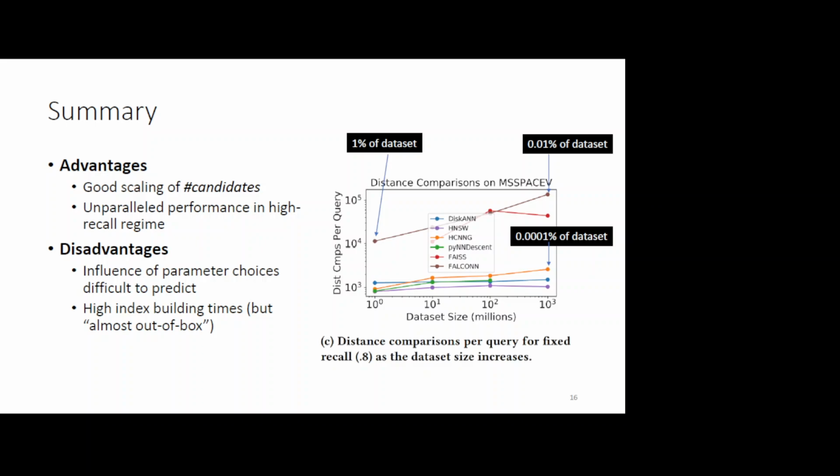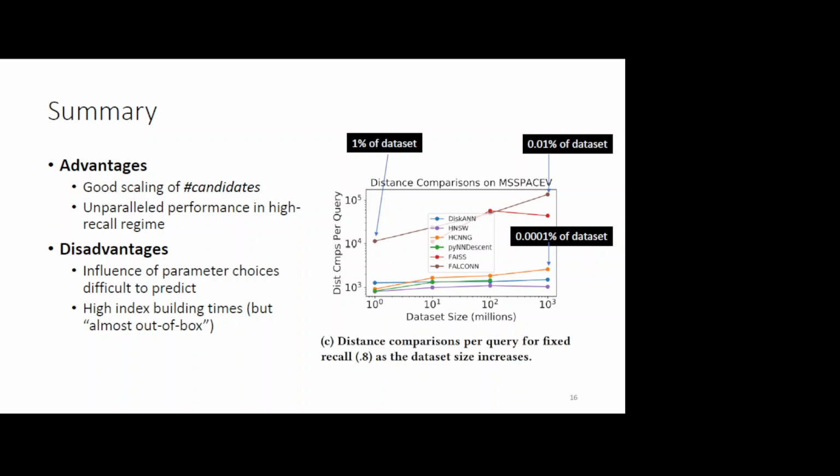I want to let you know, for this method, when it grows from 1 million to 1 billion, its computation cost does not increase too much. You can see it only checks 0.0001% of the data set.